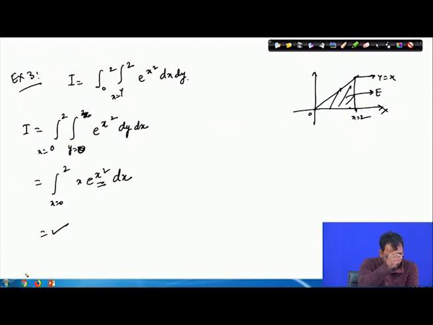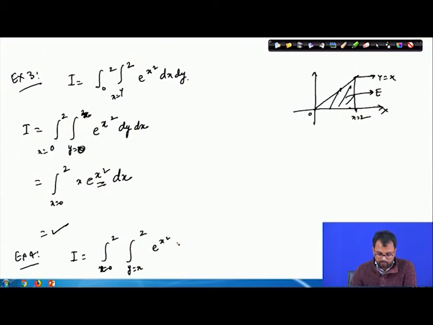However, if we had started with, let's say, instead of this, a problem like this example: the integral I with y running from 0 to 2, and x running from 0 to 2, and y running from x to 2, e to the power x square dy dx.